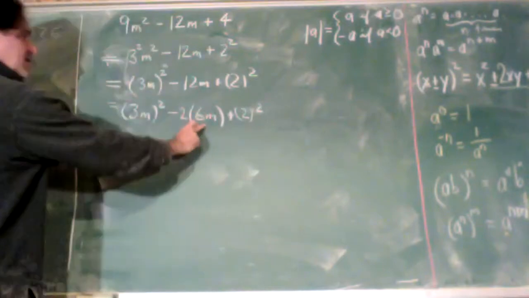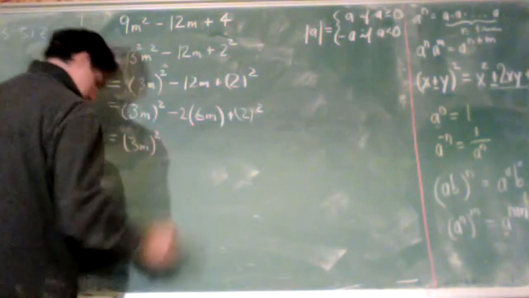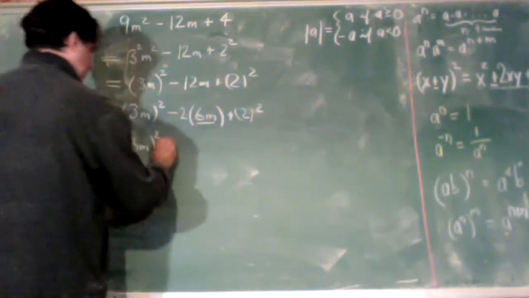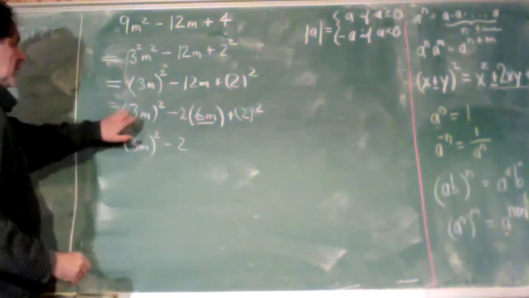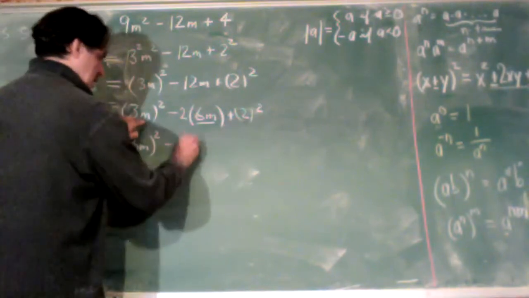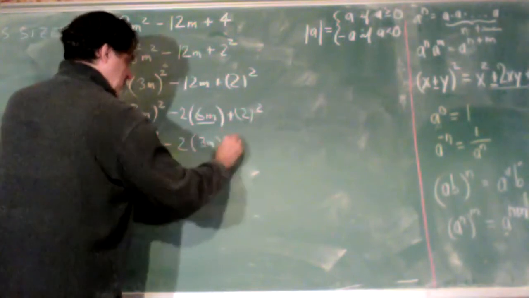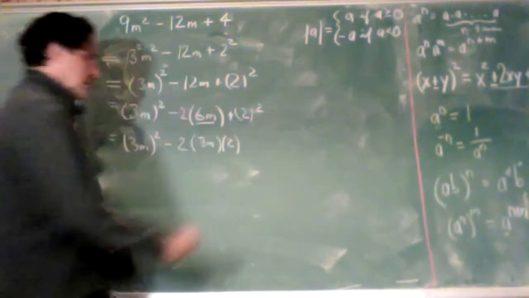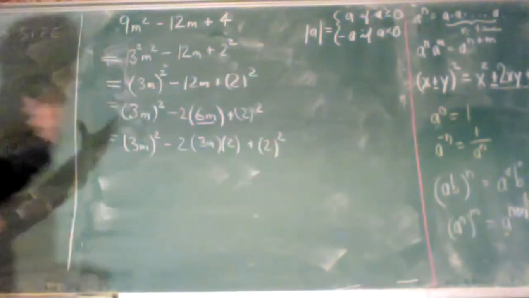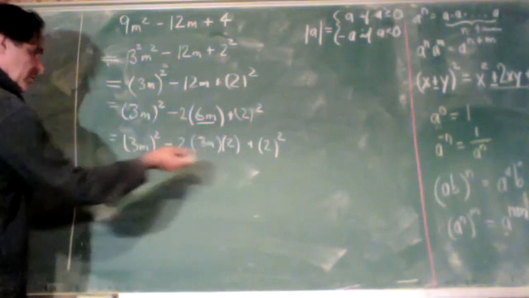And now if that is going to give us the right form, we should be able to rewrite the middle term as the product of what's in the parentheses here and here. And indeed, I can rewrite 6m as 3m times 2. Let me add the 2 squared again. Aha! Perfect square trinomial.